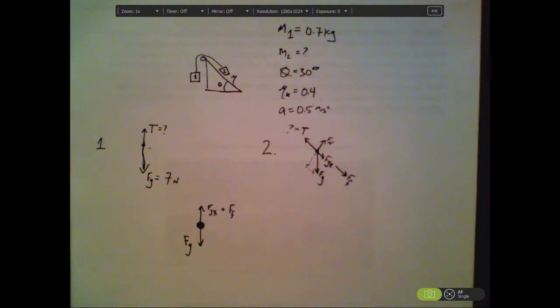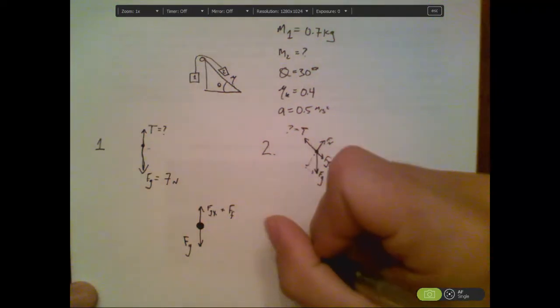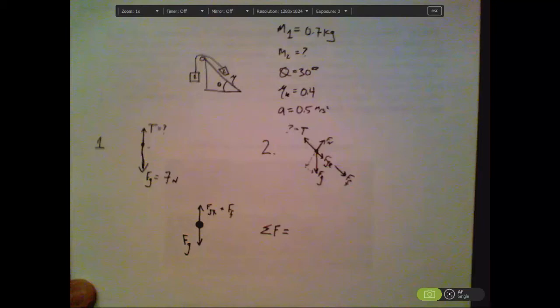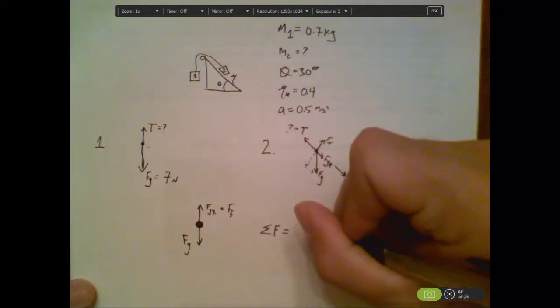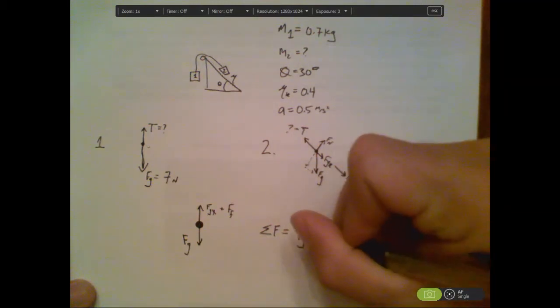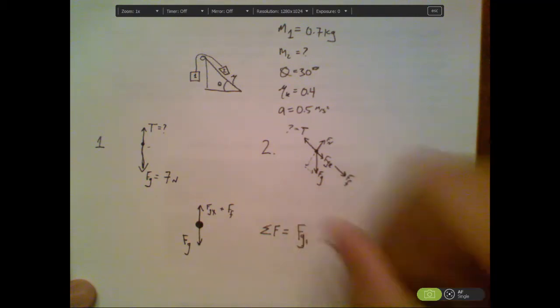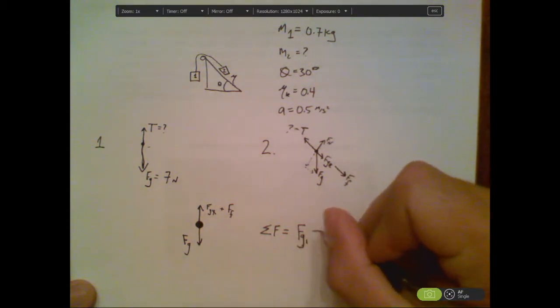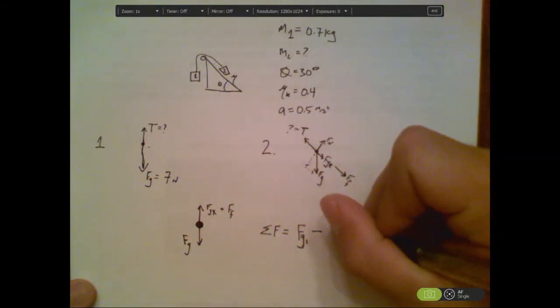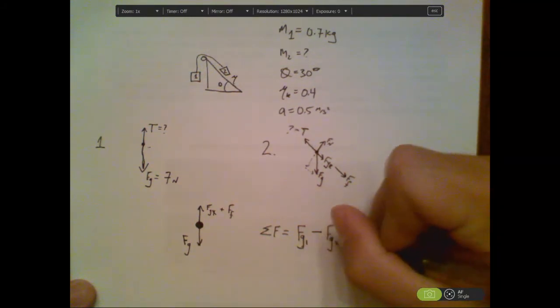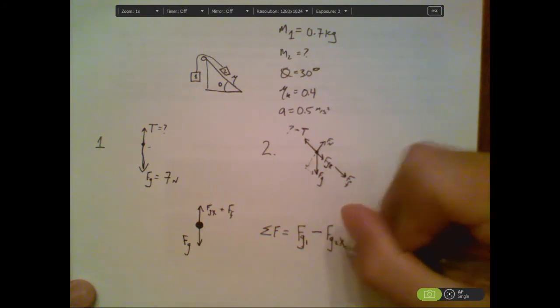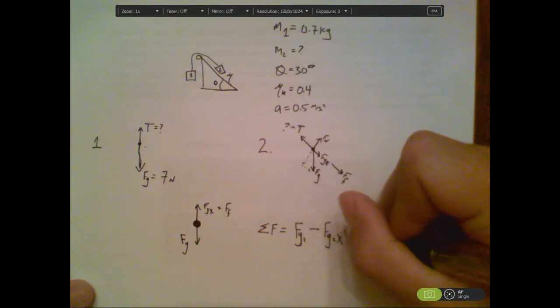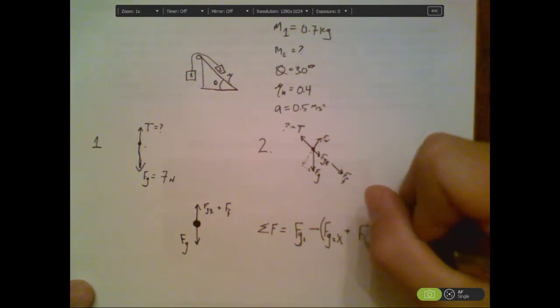So really we can say the net force, or the sum of the forces, is equal to Fg1 minus Fg2x plus the force of friction.